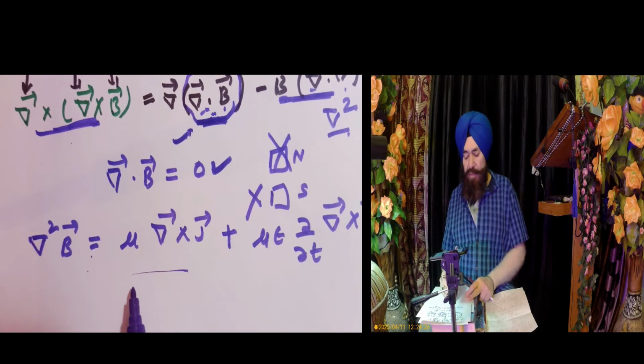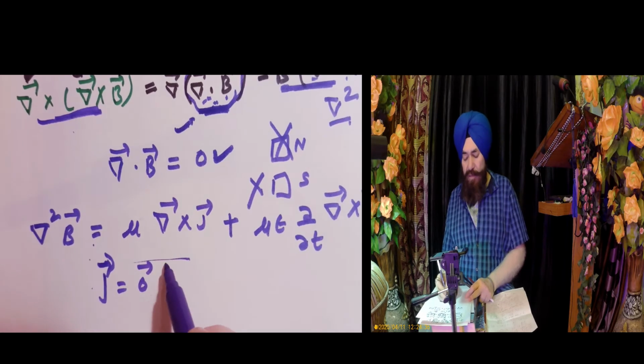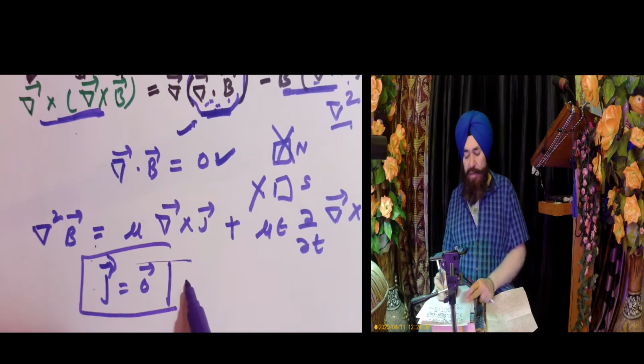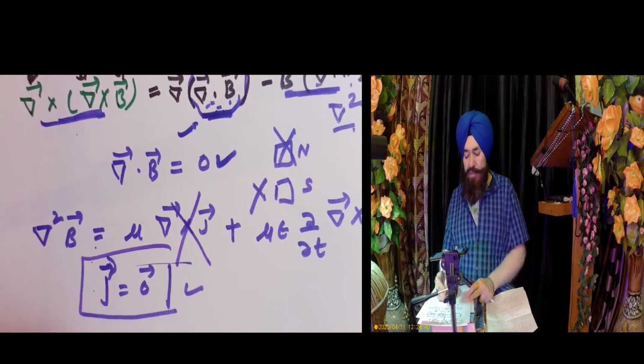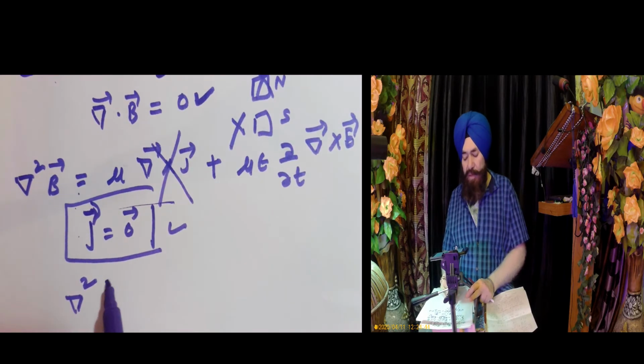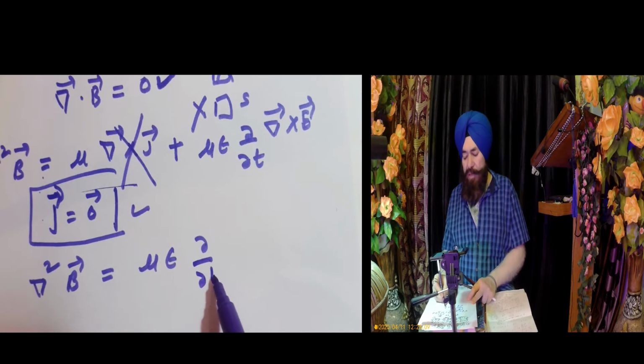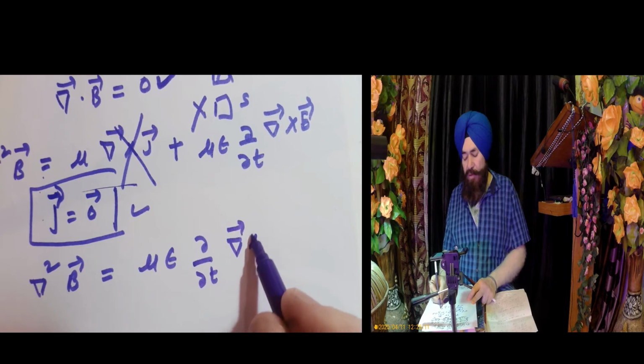Now this is the equation. Now again I am coming where there is no current density, like free space or air. No current density means this is 0. So del square B becomes mu epsilon curly by curly t del cross E.